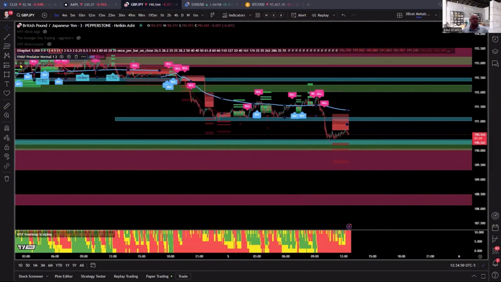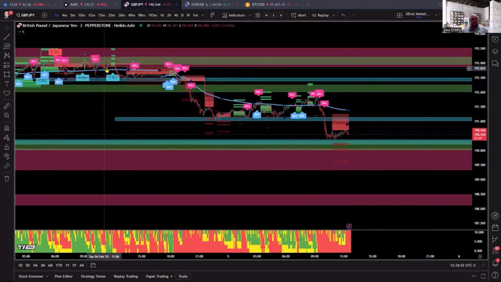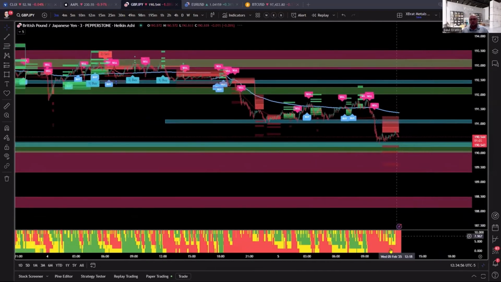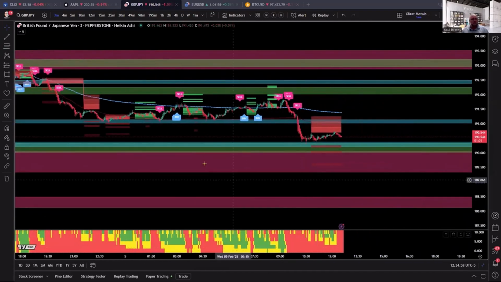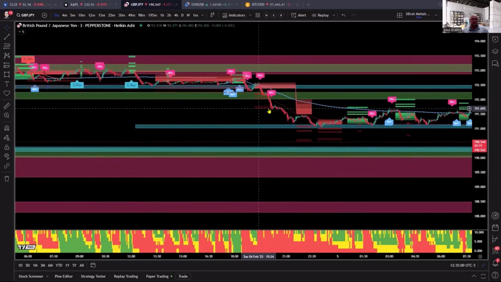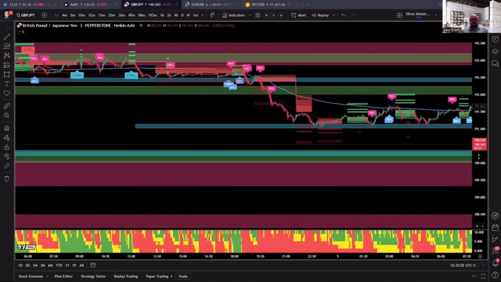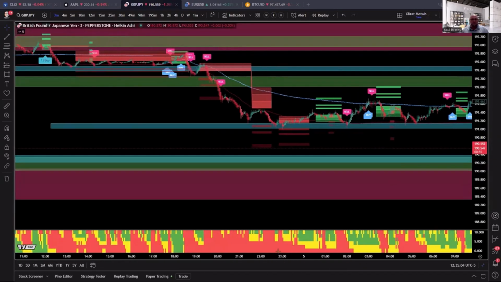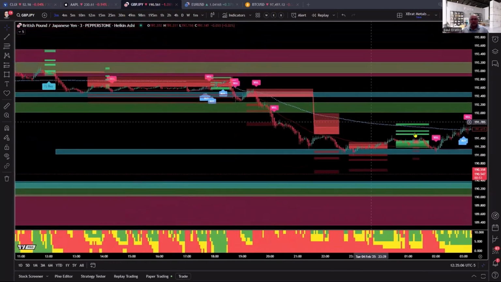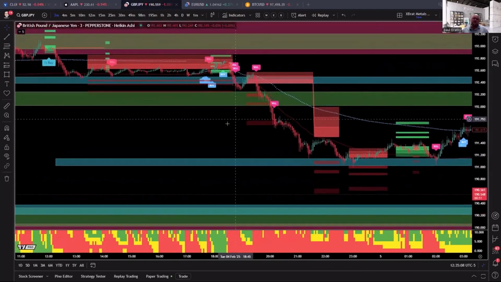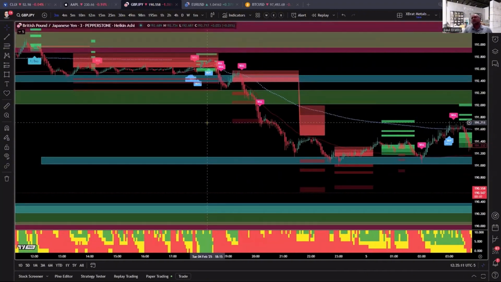So what that does is it frees up a lot of the chart. I've left the VWAP on there. That gives me a good idea where I'm going. And then obviously we can look at some signals on this GBP Japanese yen. And so if you're trading this, you've got to think of the times of the day when it's going to be really active.